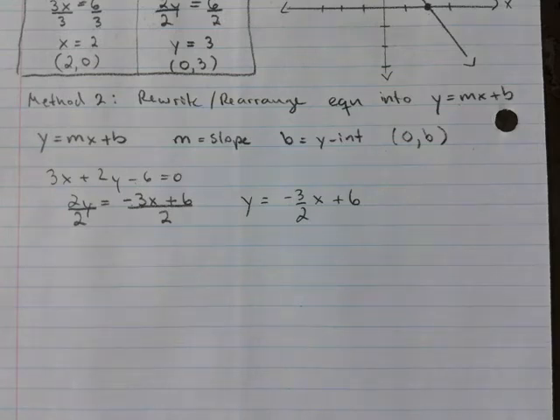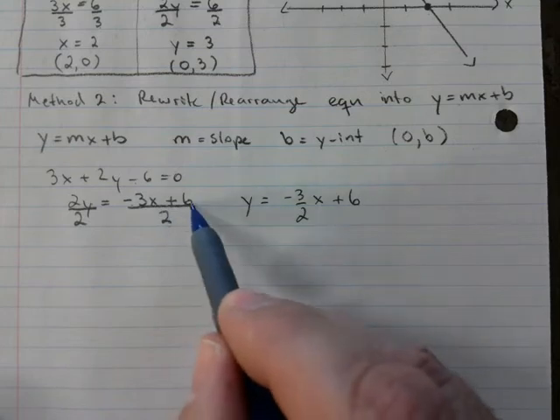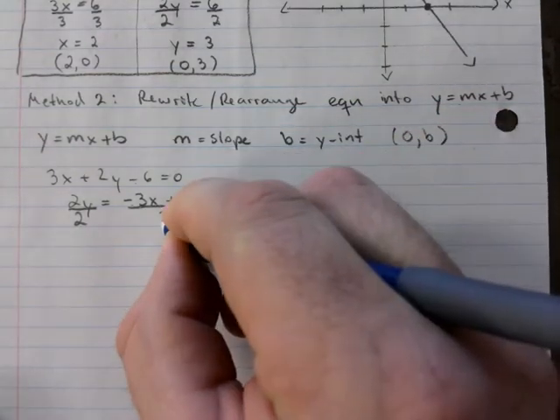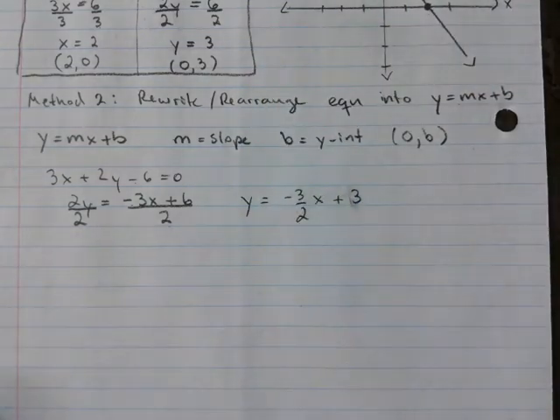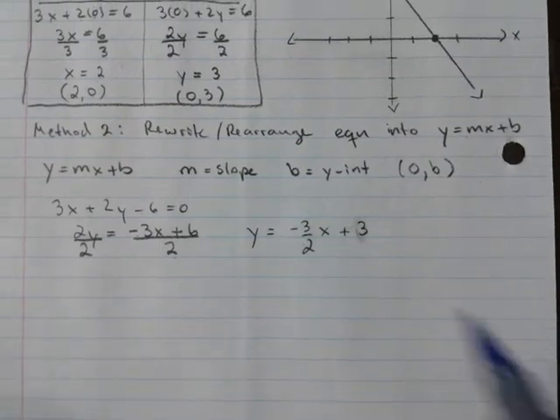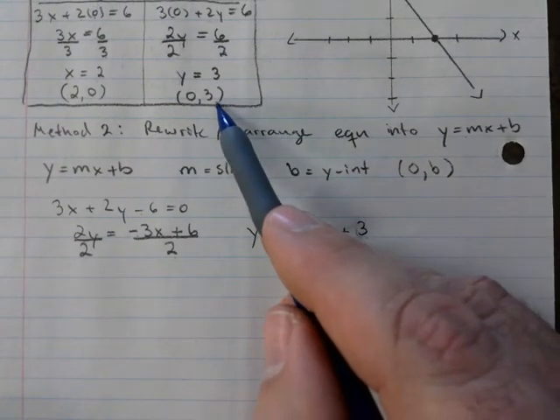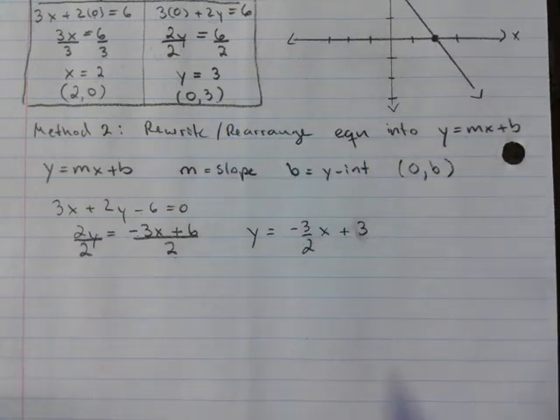I made a mistake. The 2 affects the 3, but it also affects the 6, right? So this is what? 6 divided by 2? It's 3, okay? And you already knew that because this is our y-intercept, and we already calculated up here that the y-intercept is 0, 3, right? So this jives. It should jive. It should all be connected.